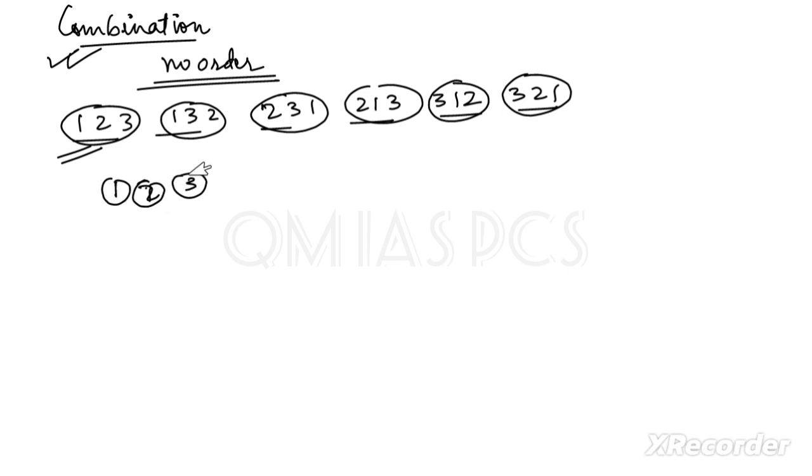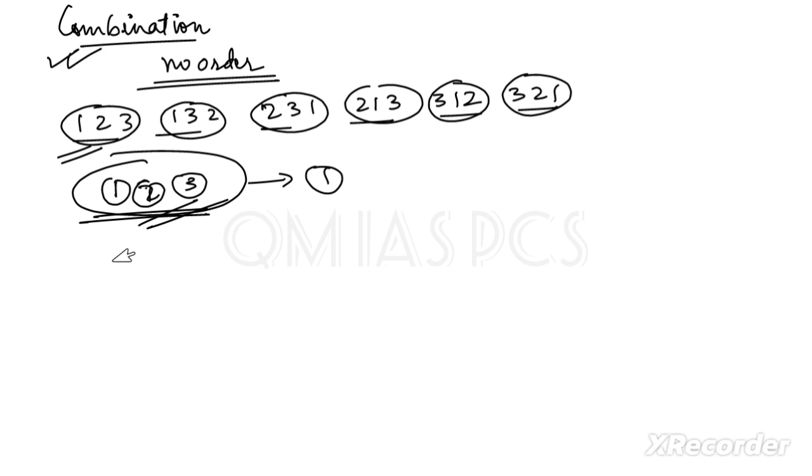Whenever you keep all three key rings, there will be only one possibility. Like we are selecting three key rings out of three key rings, so there will be one possibility, as we are taking all together. But in case of permutation, there will be six arrangements, possibilities.